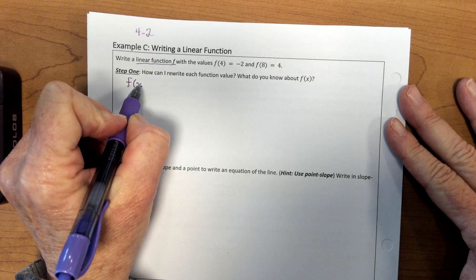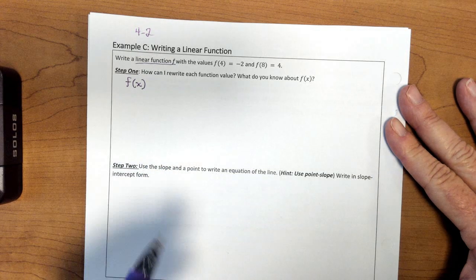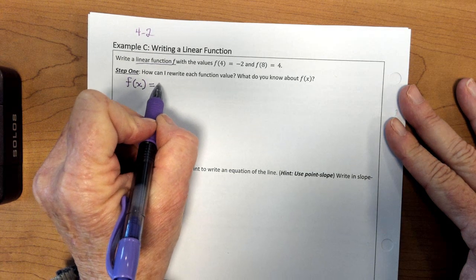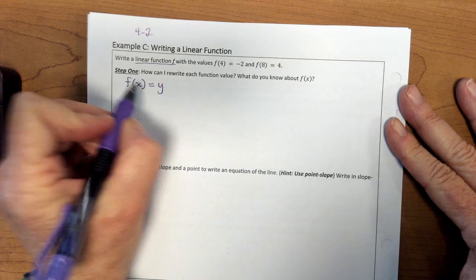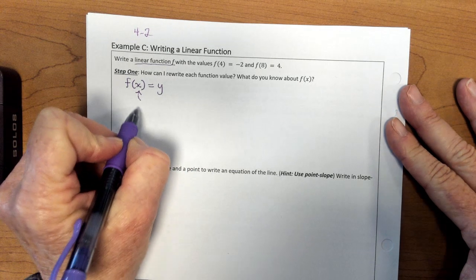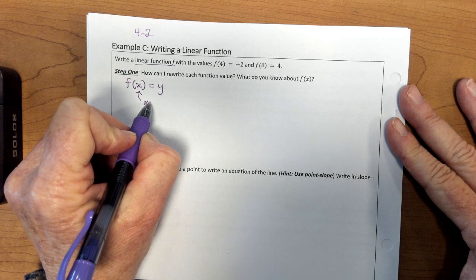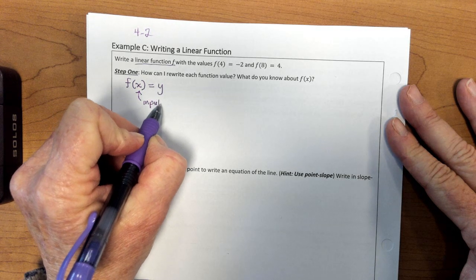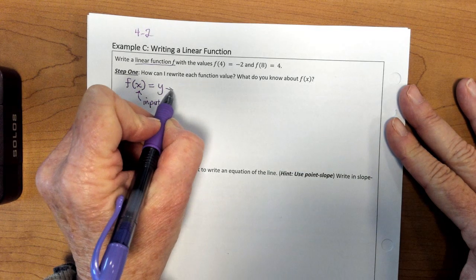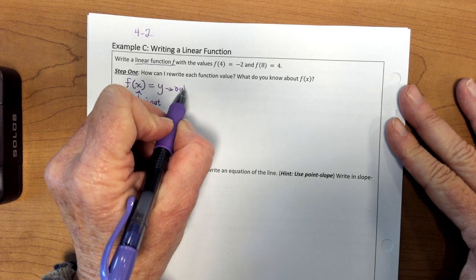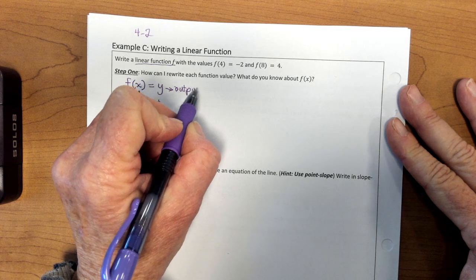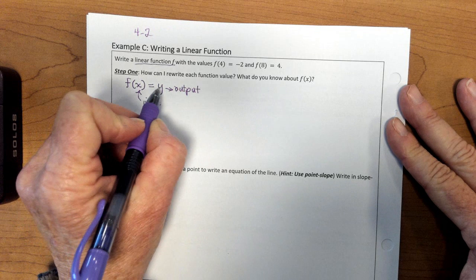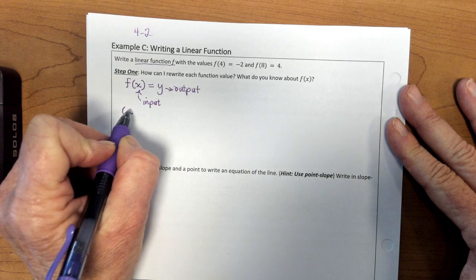And we need to remember that f of x is equal to y. And this x within the f of x is my input, and the y is my output. And I also want to remember that I can write the x and y as an ordered pair.